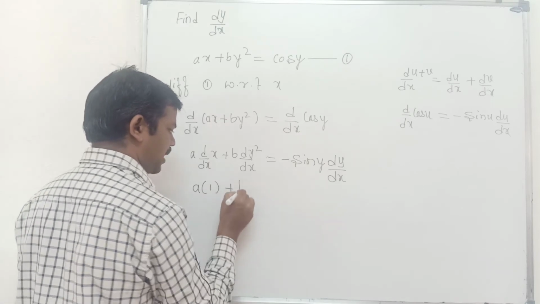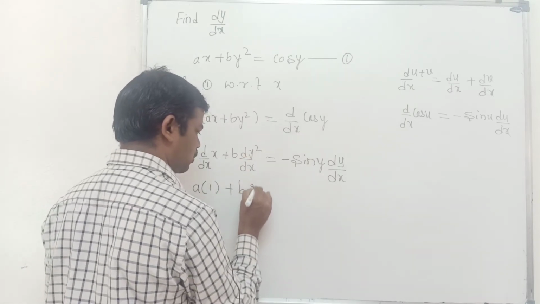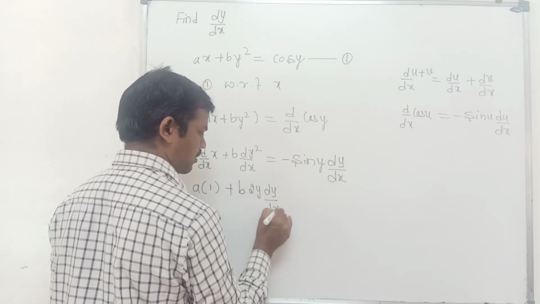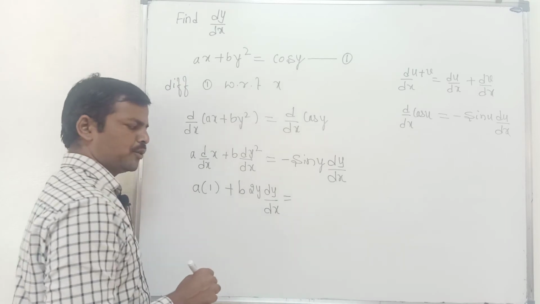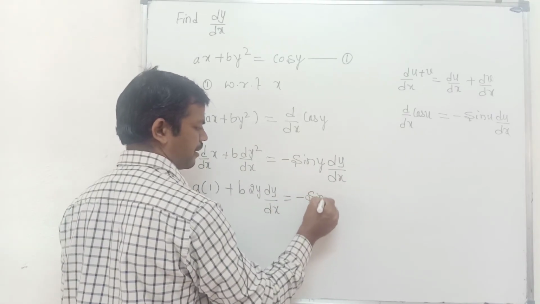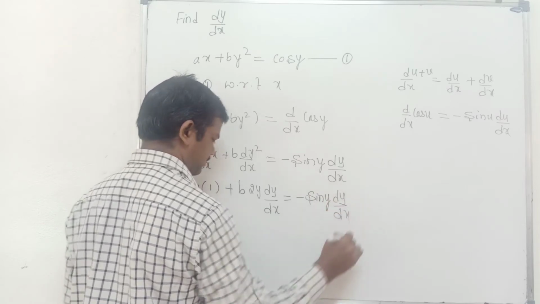Plus b times the derivative of y square, which is 2y into dy by dx, is equal to minus sin y into dy by dx.